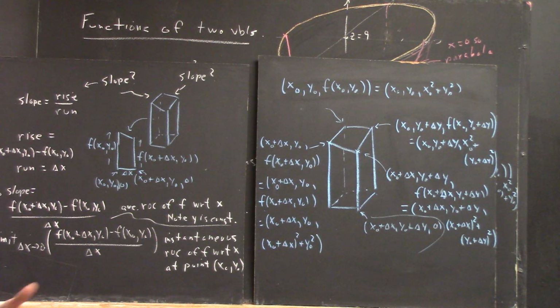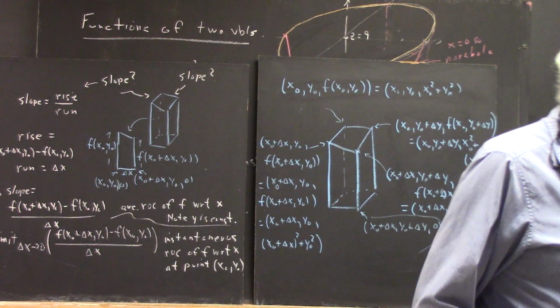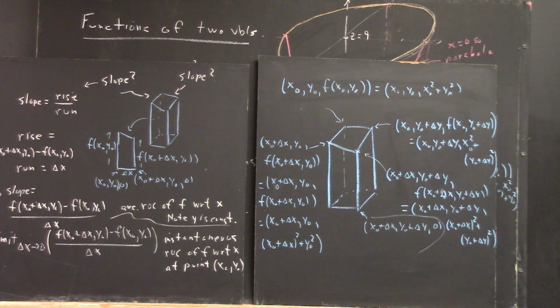Now, what is the instantaneous rate of change? What's a word for the instantaneous rate of change of a function? Can you write it down? No, not a slope. It's the slope of a tangent line, but what's the word for the slope of a tangent line? Yeah, derivative, right?